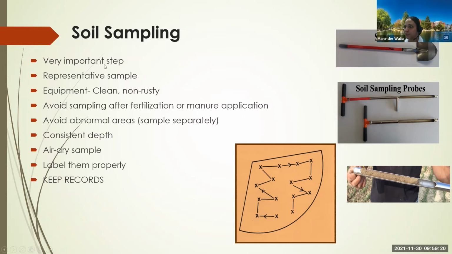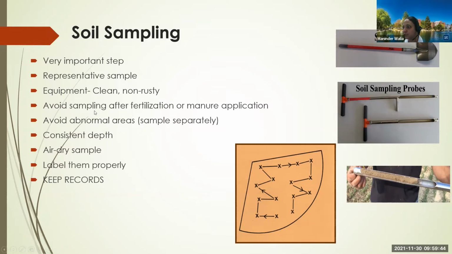As I mentioned, it's very important to collect a representative sample of the field before analysis. The samples can be collected either in the late fall, just before the soil freezes, or in the early spring, before the growing season. It is recommended to sample around the same time of year to reduce any seasonal variations in the soil test records.